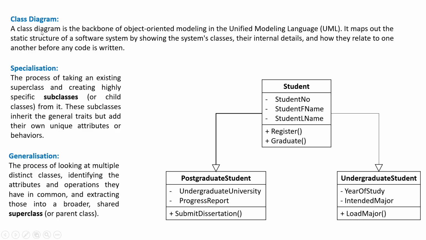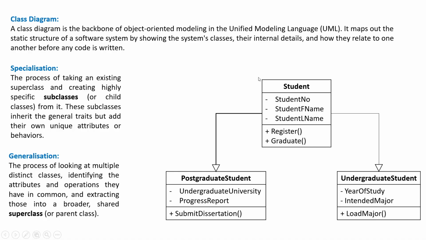So a class diagram is the backbone of object-oriented modeling in the UML, the Unified Modeling Language. It maps out the static structure of a software system by showing the system's classes, their internal details, and how they relate to one another before you actually write the code for these classes.